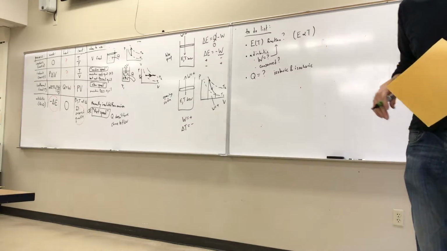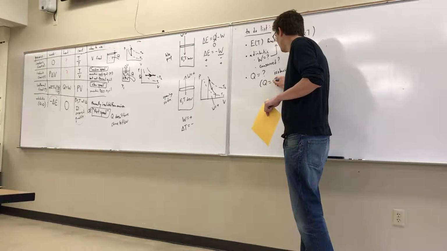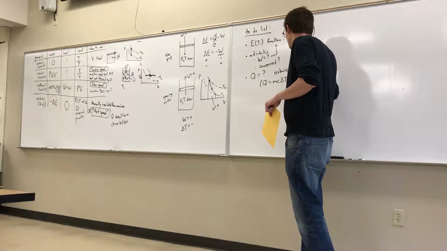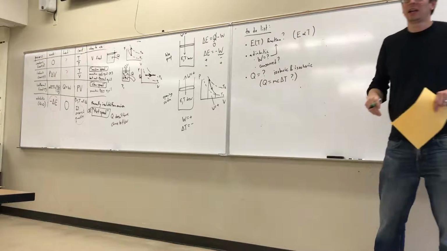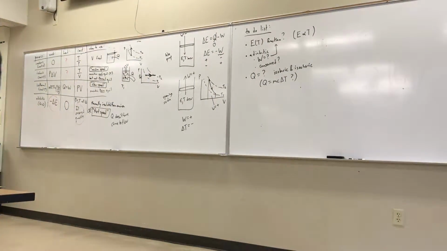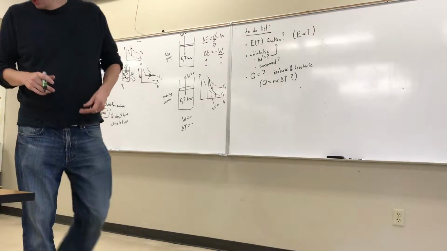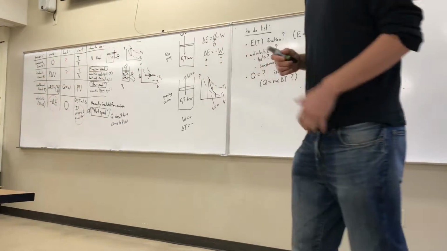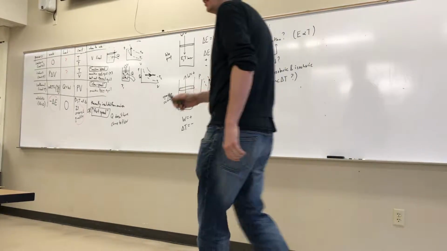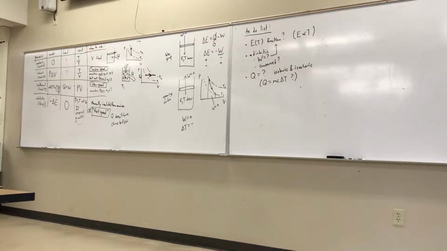Now, you might say, why can't we just use Q equals mc delta T, right? That was a good formula. Well, it turns out we can, but there's a few little twists and turns that we need to be aware of first. Okay? And then, once we've done that, we'll basically have finished all the quote-unquote basics from homework number 7, and homework 8 will continue to use these processes to build things like car engines and refrigerators and things like that.